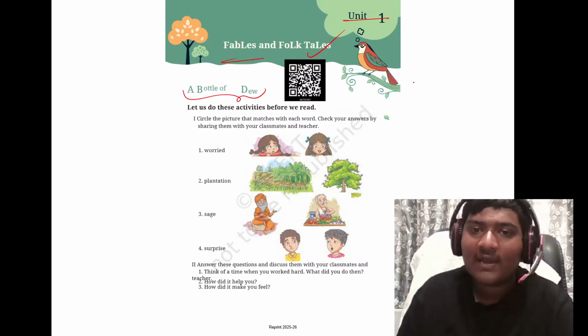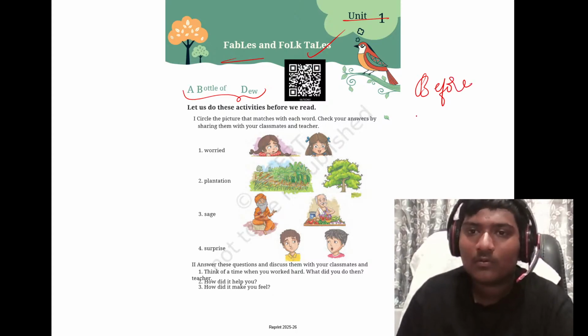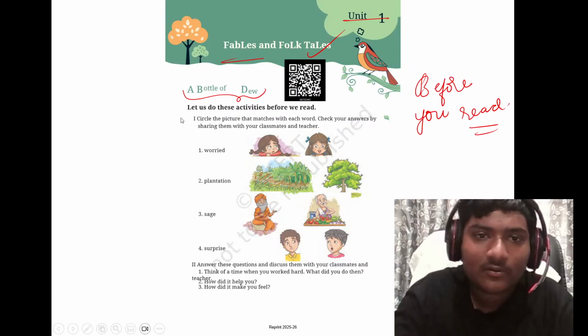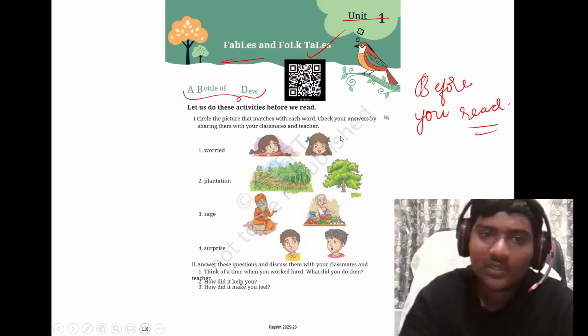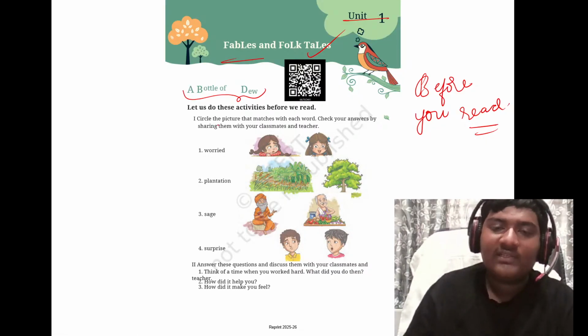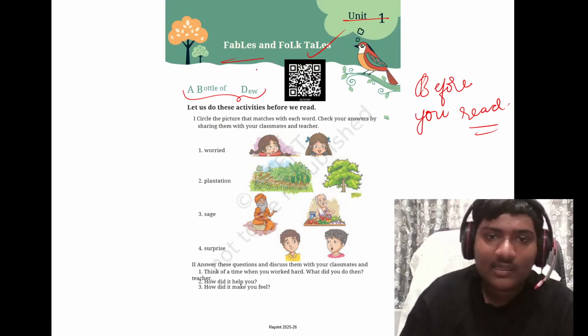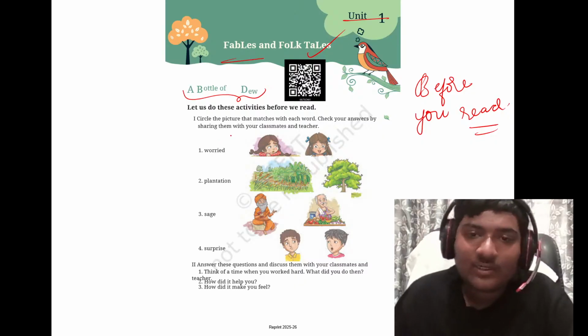So let us do an activity before you read. Circle the picture that matches with each word. Check your answers by sharing with your classmates and teacher. Now it's time to do the activity. They have given two pictures.